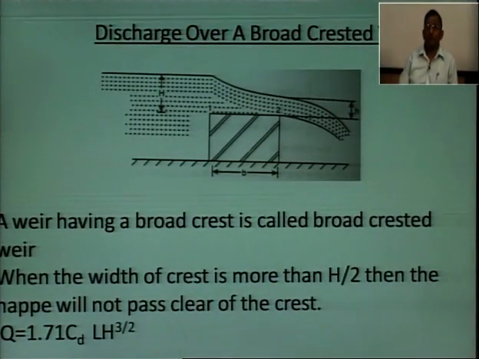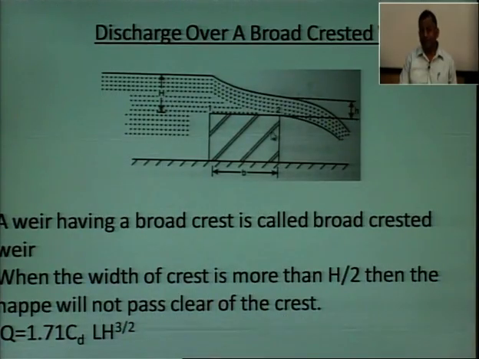Then we come to the next article, discharge over a broad crested weir. A weir having a broad crest is called a broad crested weir when the width of the crest is more than H by 2. So this is the head.